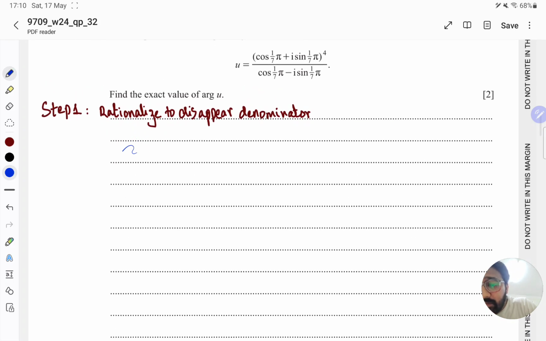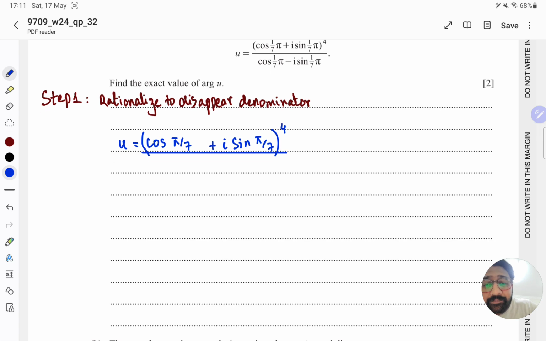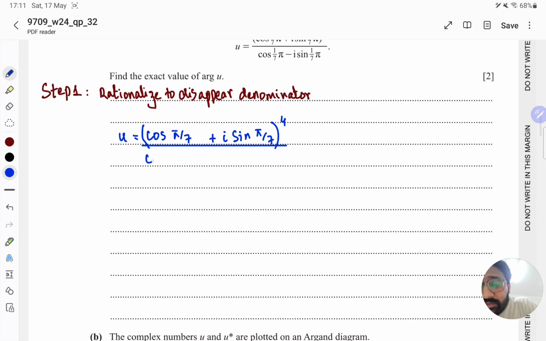Let me do the rationalization. u is equal to cos pi by 7 plus i sin pi by 7 and whole power of 4 divided by cos pi by 7 minus i sin pi by 7.